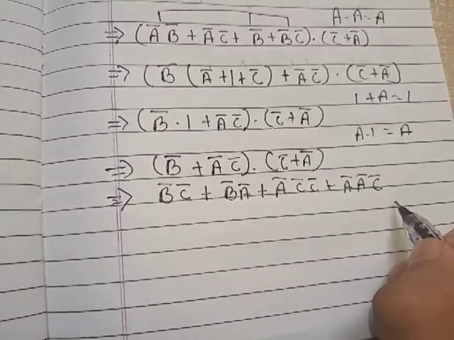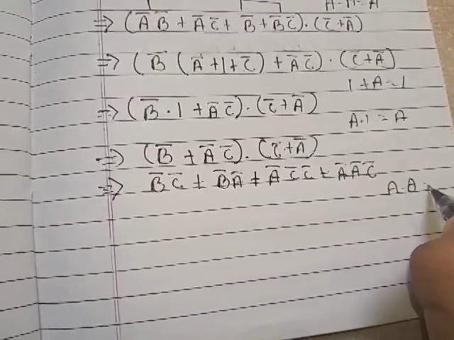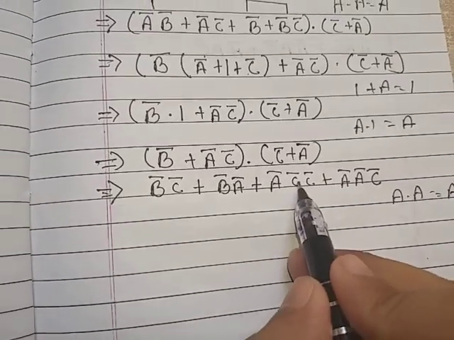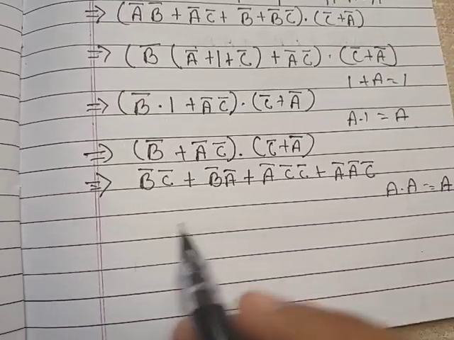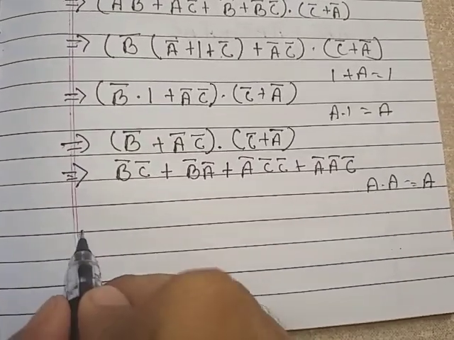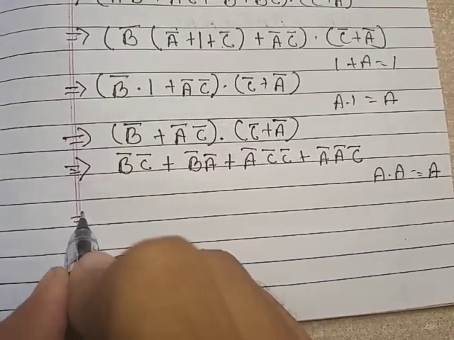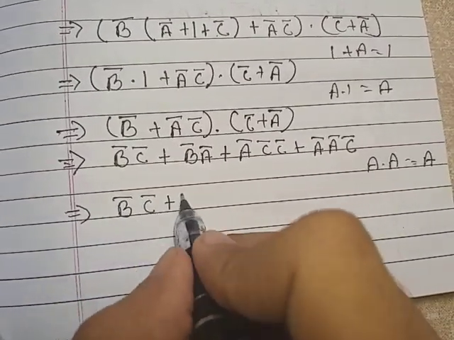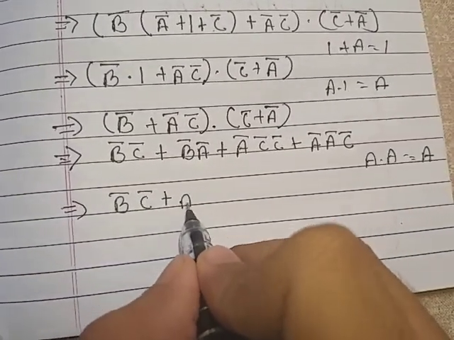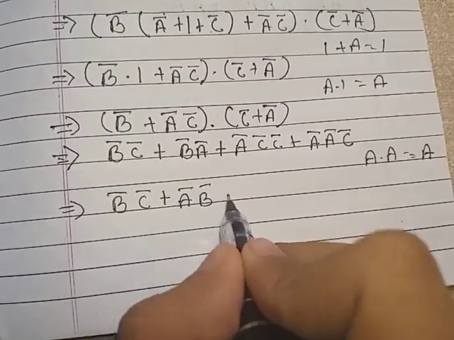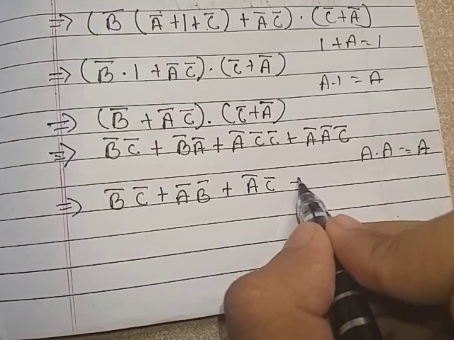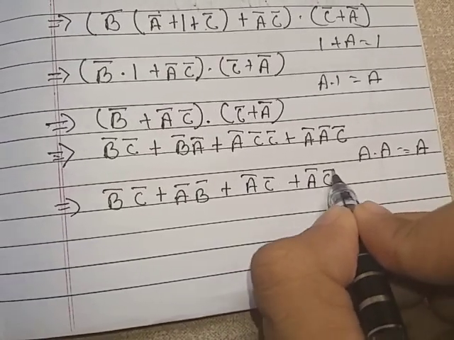Now we know that A dot A is equal to A. Here it is A dot A dot A, okay? So we will get B bar C bar plus, I am going to write it as A bar B bar plus A bar C bar plus A bar C bar.